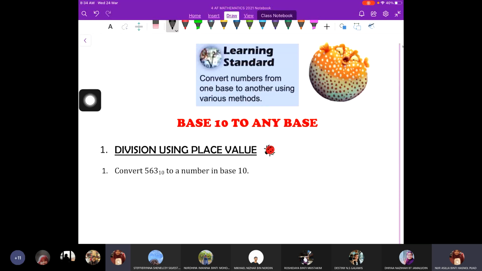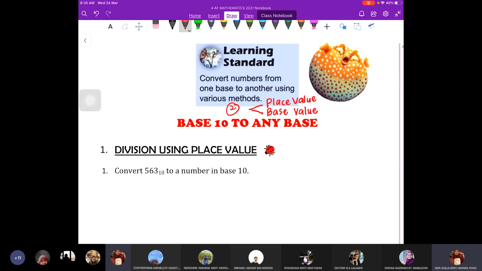Various method pun there's only two methods. Dia akan dua-dua division. It's just that division using place value ataupun division using base value.